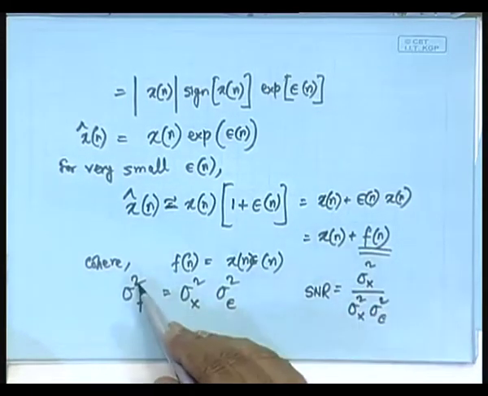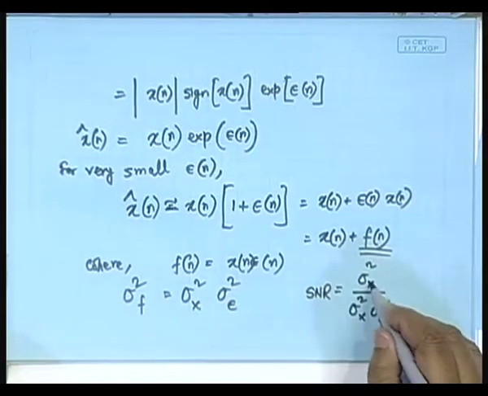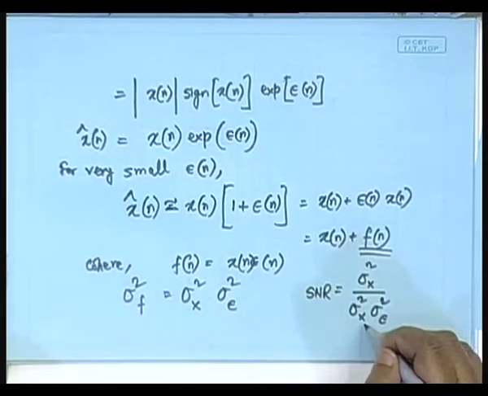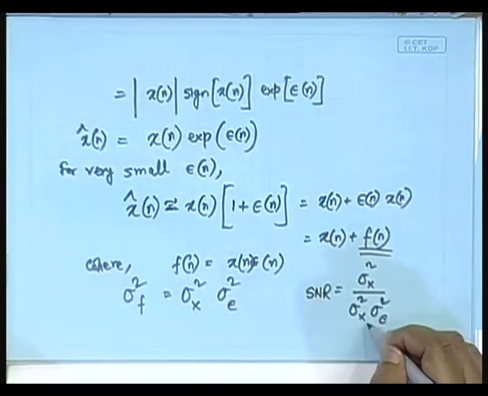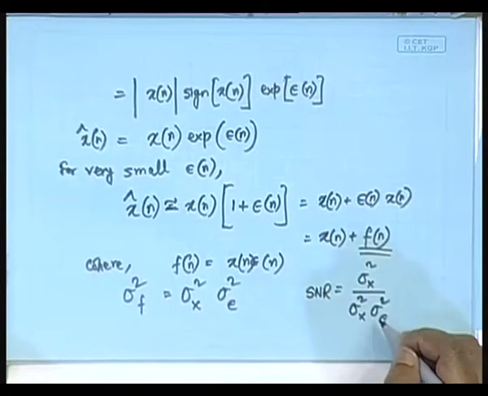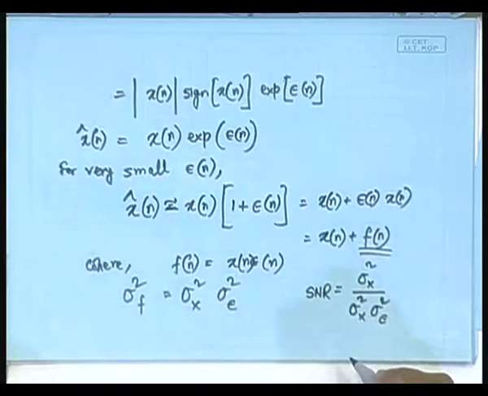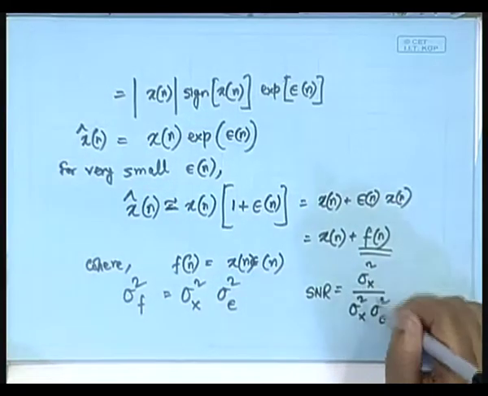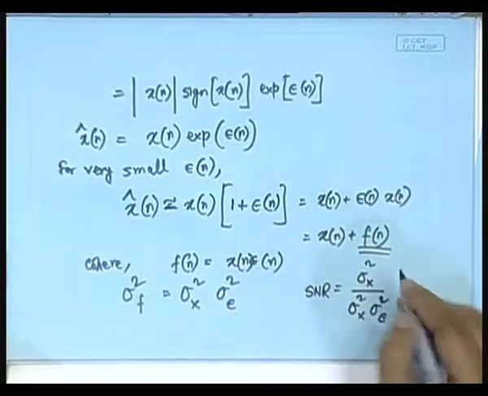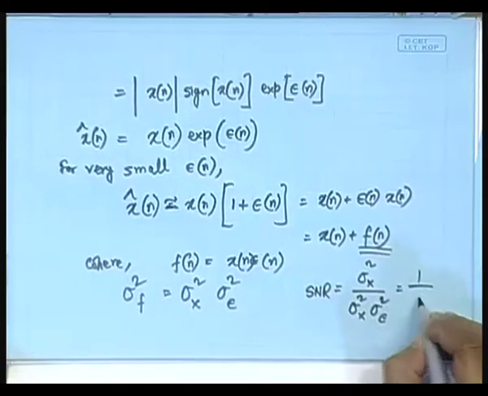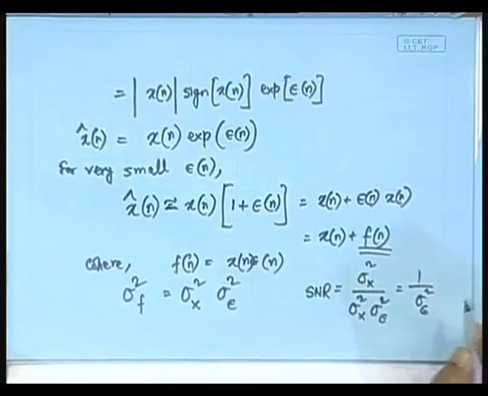So, the noise power is sigma square f, and we have sigma square x by sigma square f, where sigma square f is written as sigma square x into sigma square epsilon. Now, you see the beauty: from the numerator and the denominator, the sigma square x gets cancelled out, and we simply get 1 upon sigma square epsilon to be the signal to noise ratio.